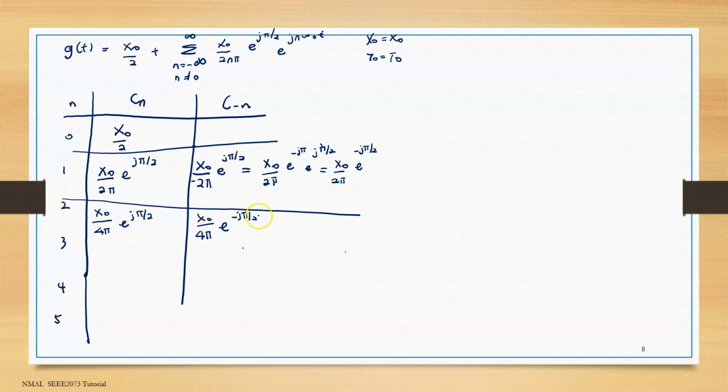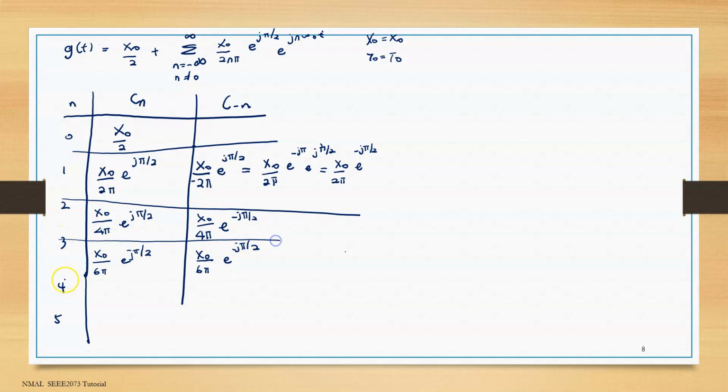Okay, so the same way on how I get exponent negative j pi over 2, it is the same here. For n equal to 3, this one is x naught over 6 pi exponent j pi over 2. So if you see here, this is quite a lengthy equation, so you have to be careful not to make any careless mistake here. This one is x naught over 6 pi exponent negative j pi over 2.